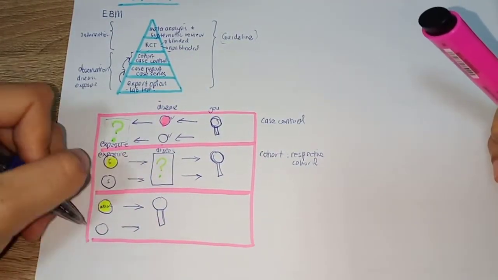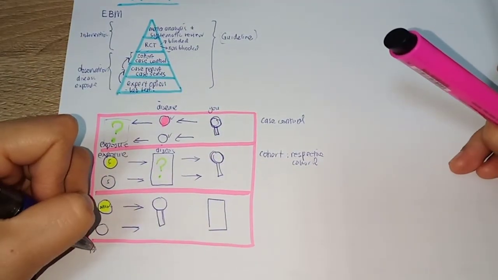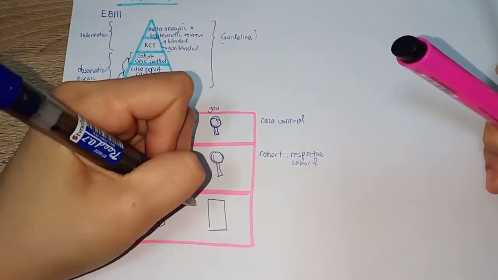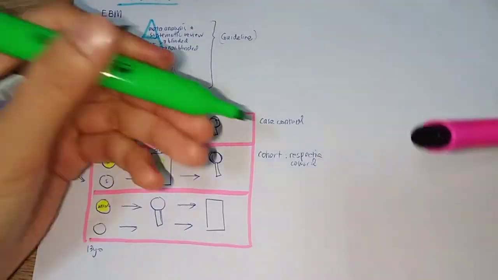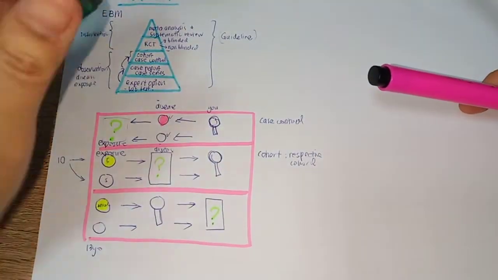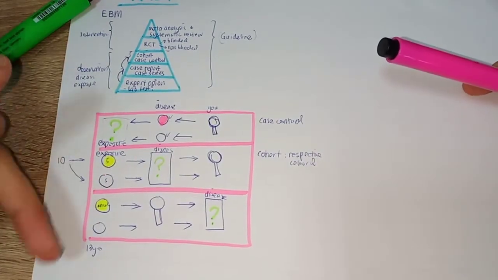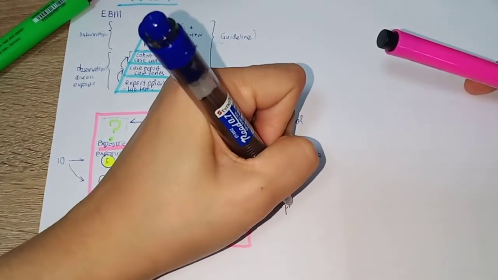And none of them develop disease yet. So you want to see, for example, in 13-year-old girls who smoke, how many of them will develop this disease. So you want to see future disease. If you conduct this kind of study, then it is a cohort, but it's a prospective cohort.